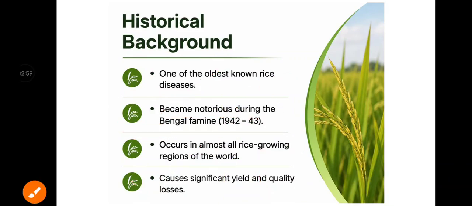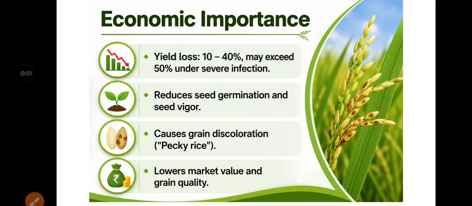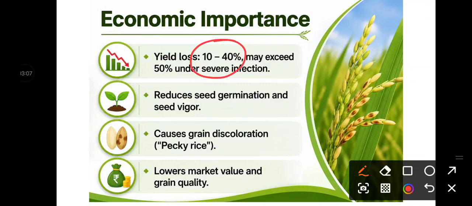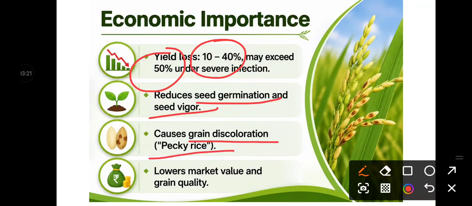Next, the economic importance. It causes around 10 to 40% yield loss, and in severe conditions it may go up to 50%. It affects both seed germination and seed vigor. It also causes grain discoloration, which is the quality loss, reducing market value as well as grain quality.